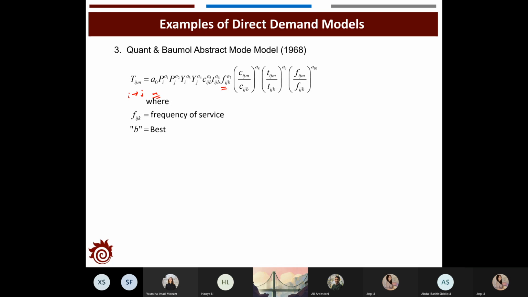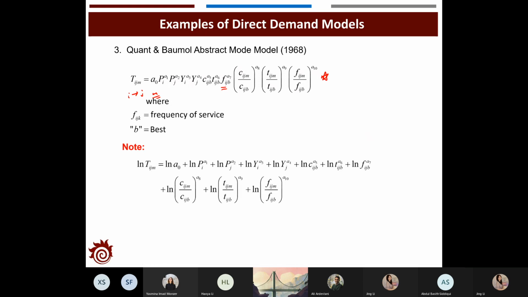With this model, you can also identify the parts with respect to the demand input that will be related to the population and income. And the other part will be related to the supply, including the cost of the trip, the travel time of the trip, and the frequency of the service, and so on. Again, you can also convert this complicated model into the linear format by applying the log transformation.